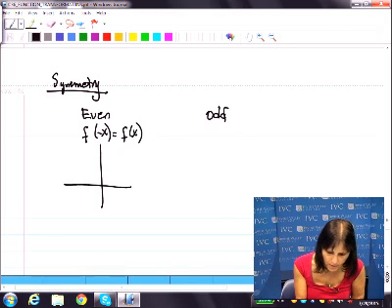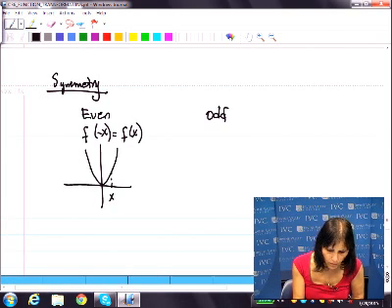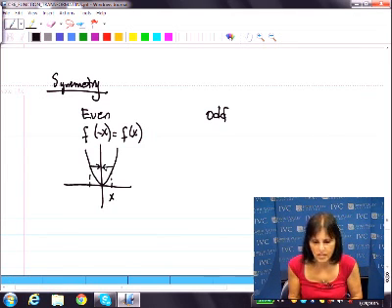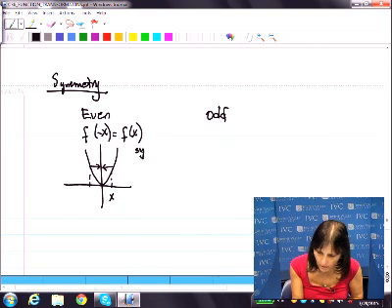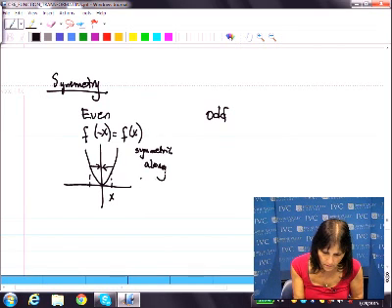An even function example will be a parabola. When you put x in there, or negative x, you're squaring, so you'll still get the same answer. And even functions tend to be symmetric along the y-axis.